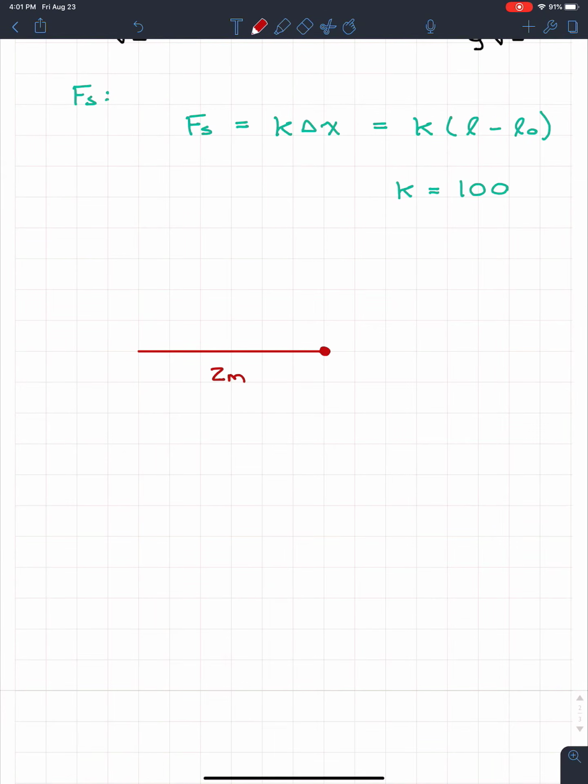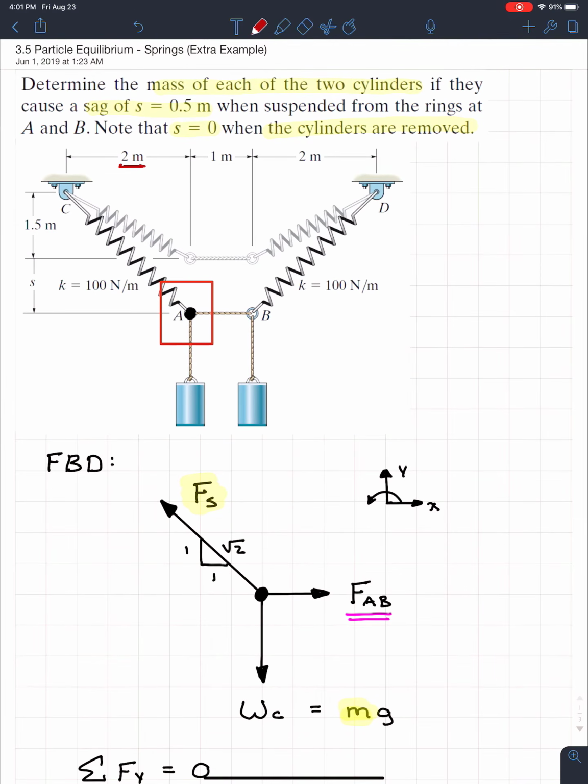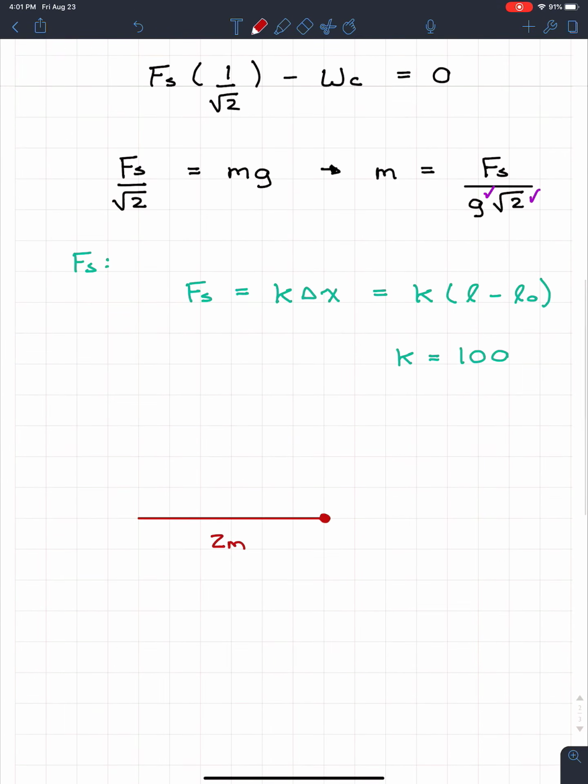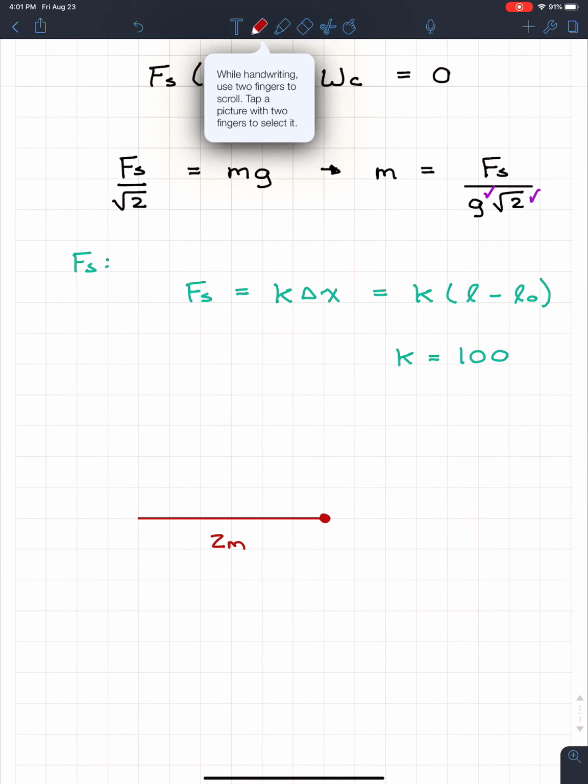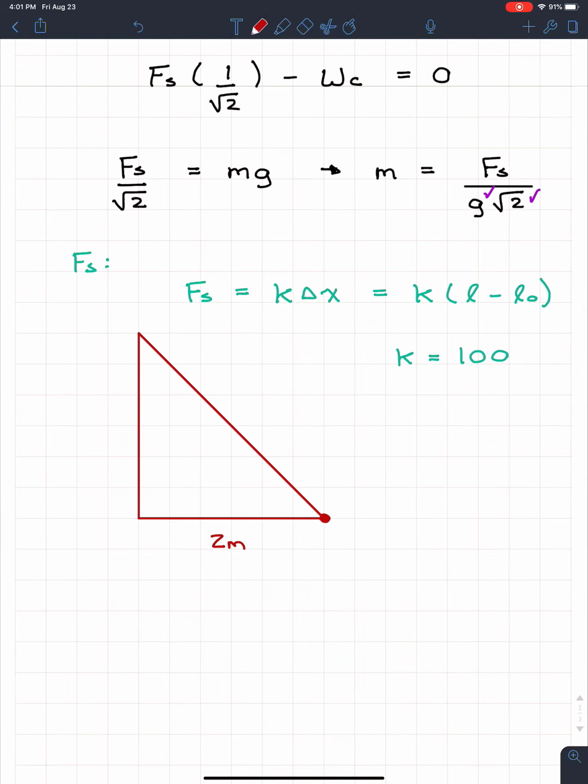We know that the spring has 2 scenarios, the stretched and unstretched. I'm going to do the stretched first, and we know that the stretched length comes up a distance of 2 meters. So this is also 2 meters.